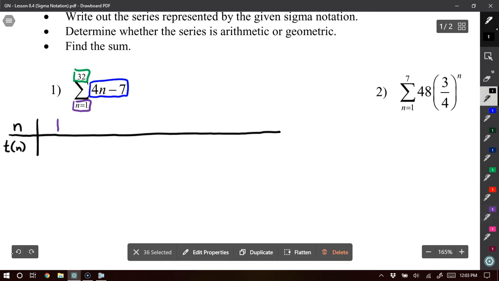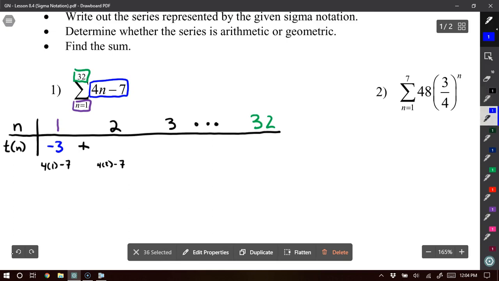And then I'm going to go to position 2. And then I'm going to go to position 3. Dot, dot, dot. And I'm going to stop at position 32, is what it tells me. I'm going to then use those as my inputs. I'm going to do 4 times 1 minus 7. And that's going to give me -3. Since it's a series, I put a plus sign. And I'm going to do 4 times 2 minus 7.